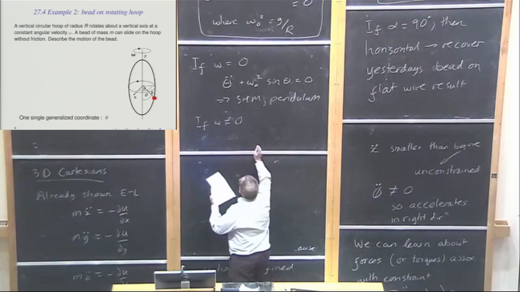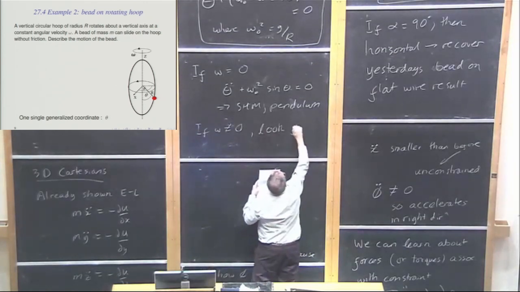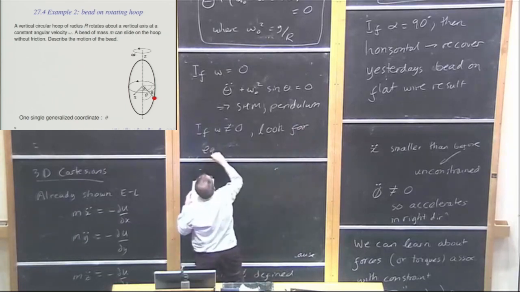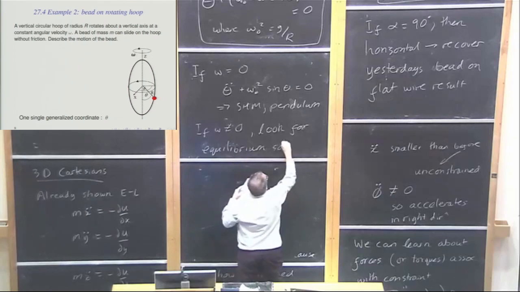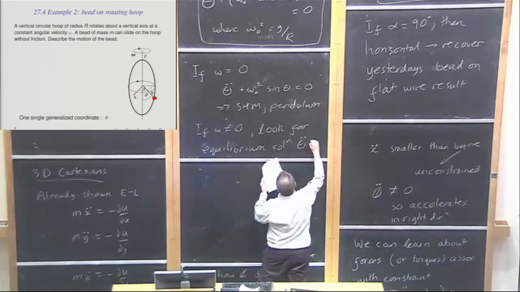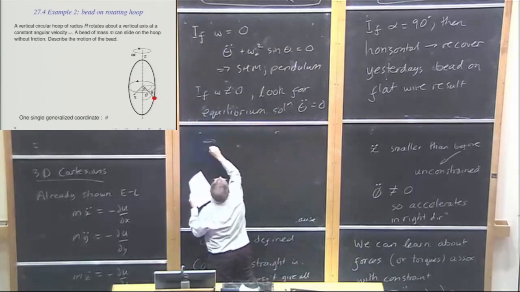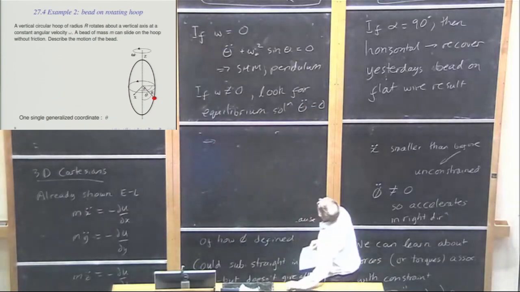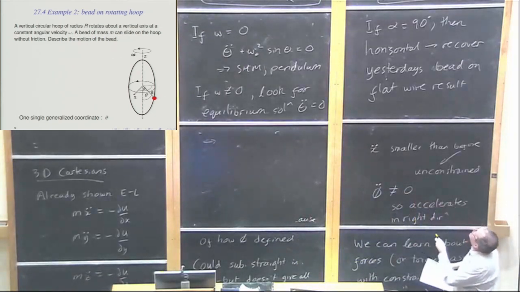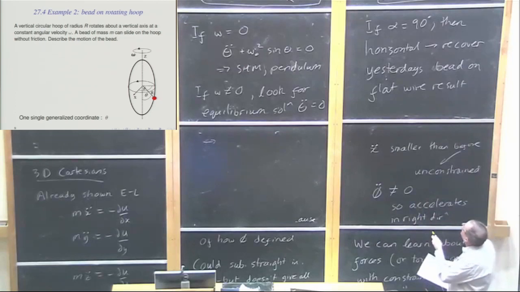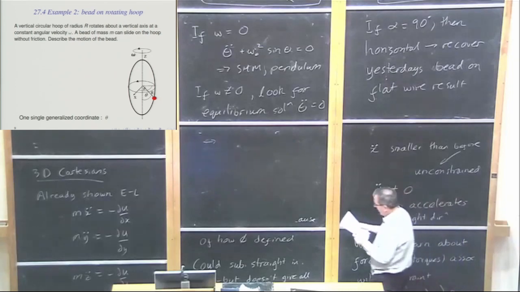Let's look for the equilibrium solution, which is theta double dot equal to 0. One way to get this to happen is to get this sine theta to be 0, and we can do that by setting theta either to 0 or to pi.